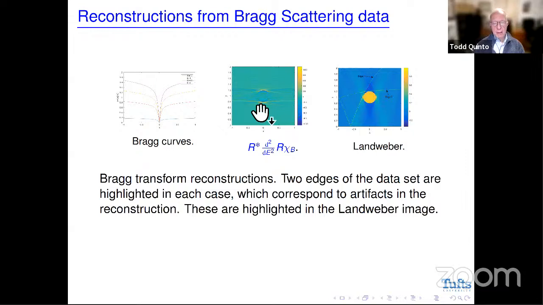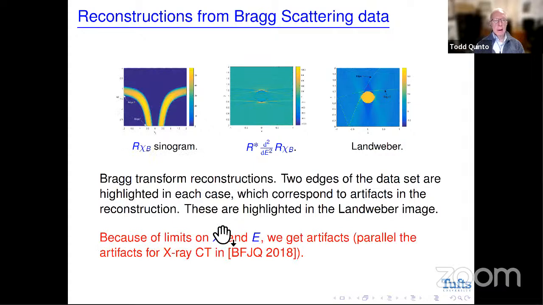And if you look carefully, you can see streaks that are actually Bragg curves at the ends of the data that are tangent to the object, and you see them here in the Landweber. And it's a similar reason to the one in our article about X-ray CT.